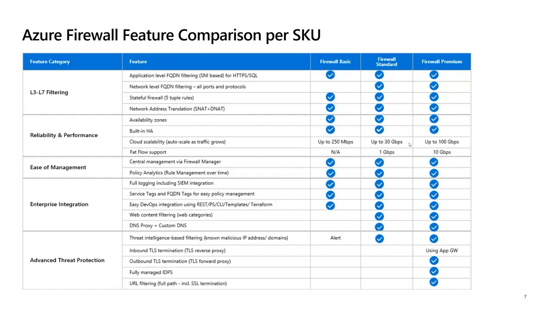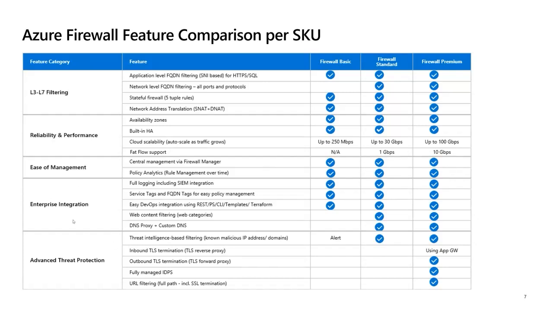The only difference, as I mentioned, is in terms of the throughputs under reliability and performance. For basic, it's up to 250 Mbps. For standard, it's up to 30, and for premium, it supports up to 100. In terms of fat flow support, we also see some differences with the throughputs listed here.